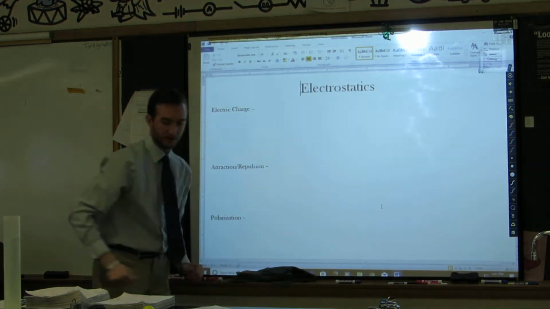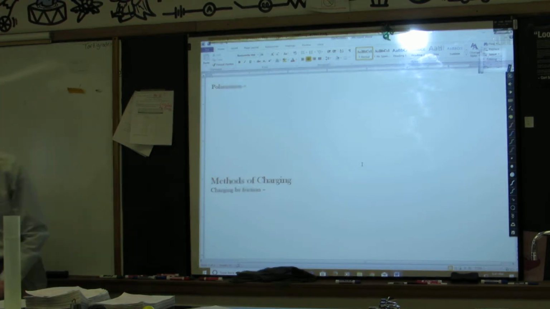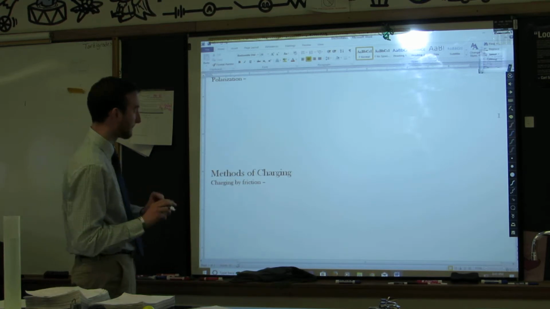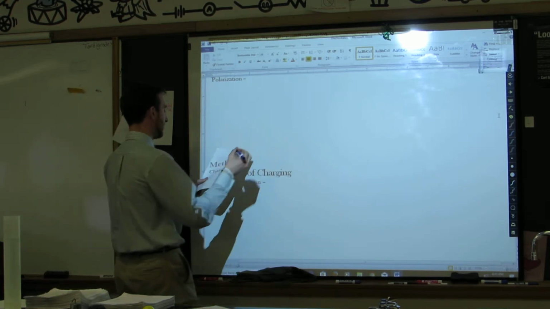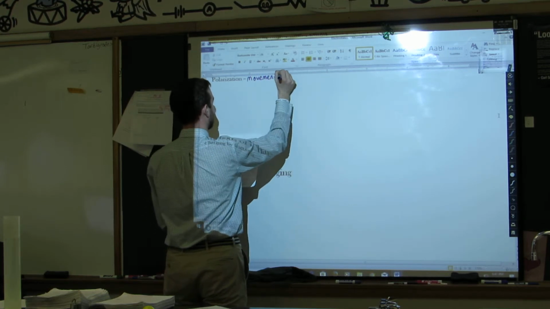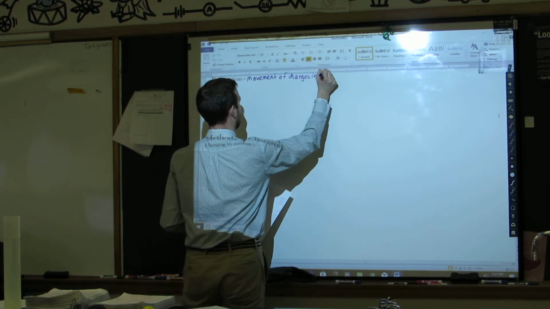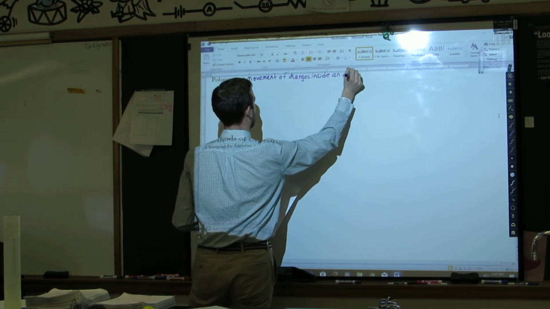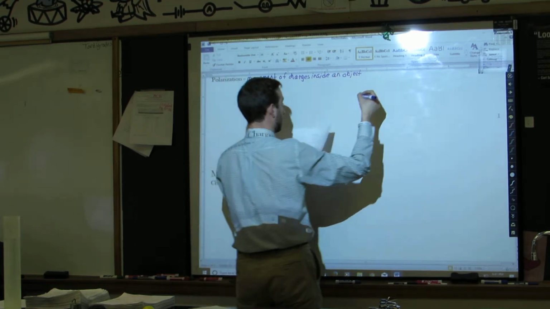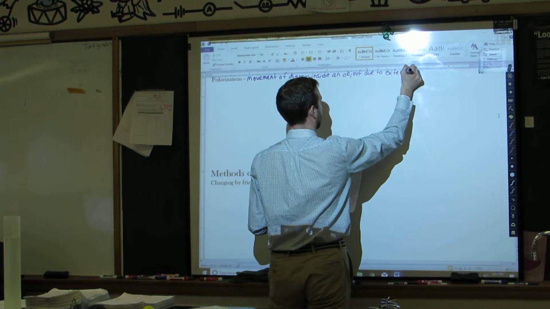Okay, so the definition of polarization. Definition: the movement of charges inside an object due to an external charge.